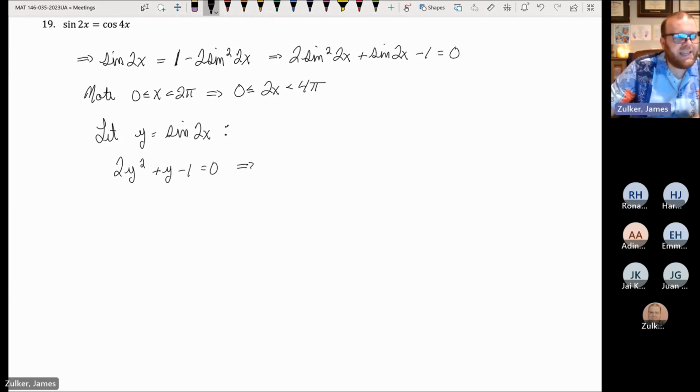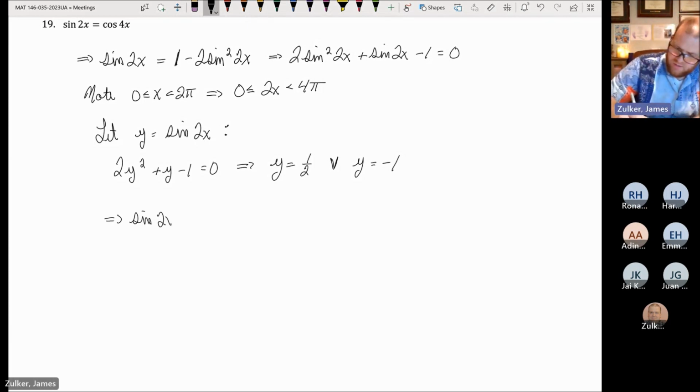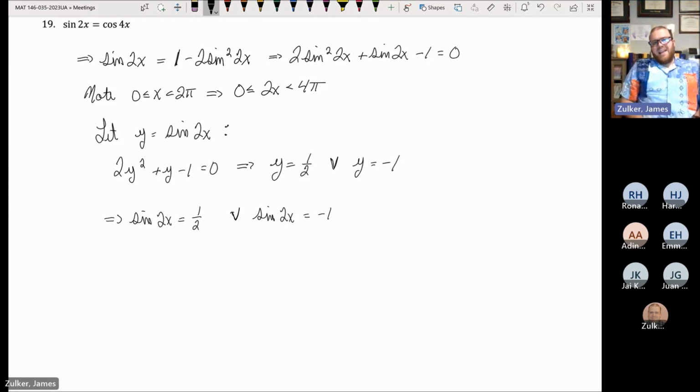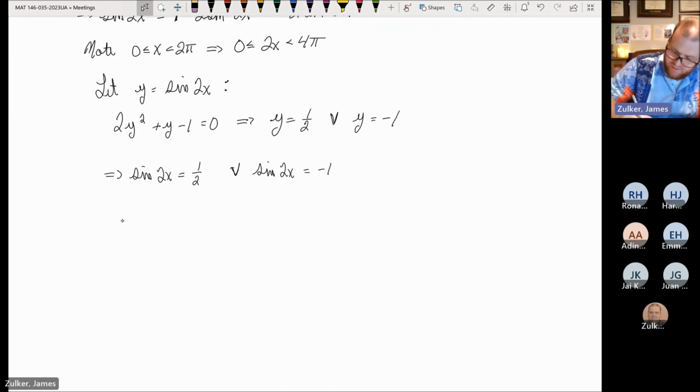We've already seen that y will be 1/2 or y will be -1. So we're going to get sine of 2x is 1/2 or sine of 2x is -1.